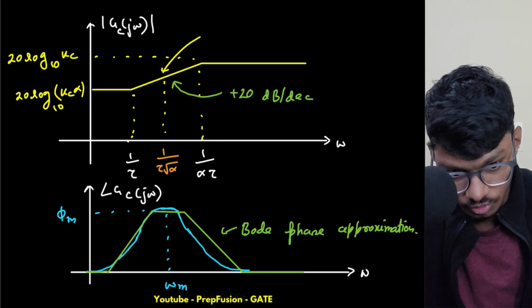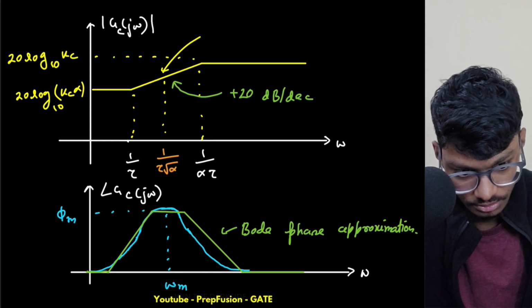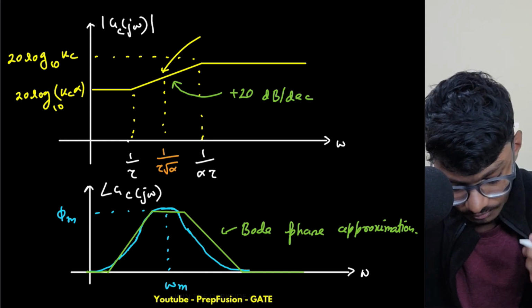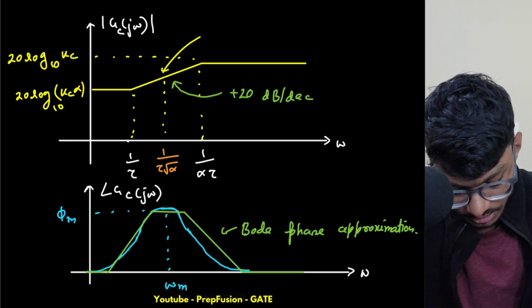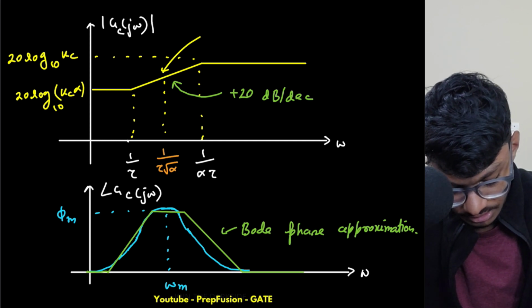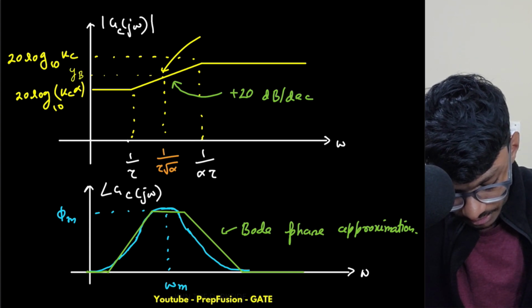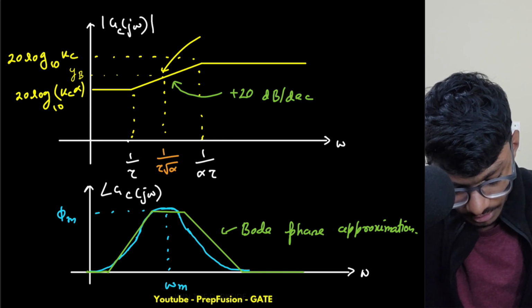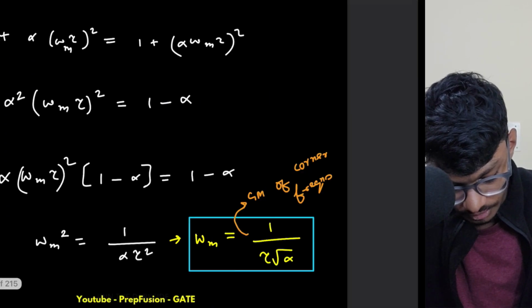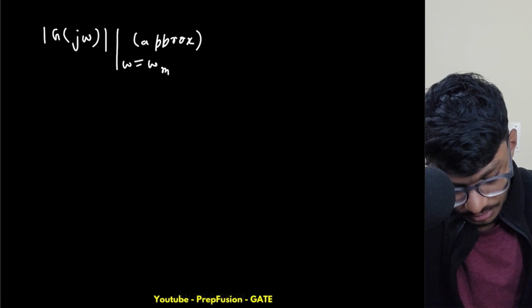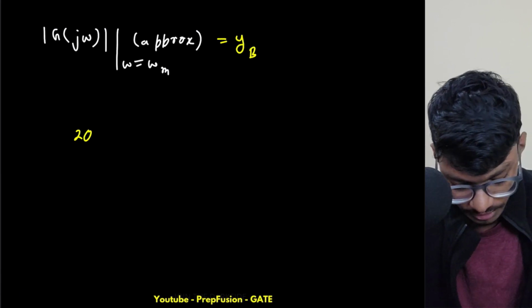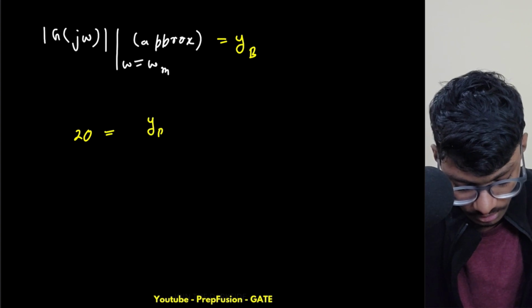So we can use the slope formula again. Let me name this point yb and this ya. So this is point A. Slope is plus 20 dB per decade, which equals yb minus ya divided by log base 10 of omega b by omega a.